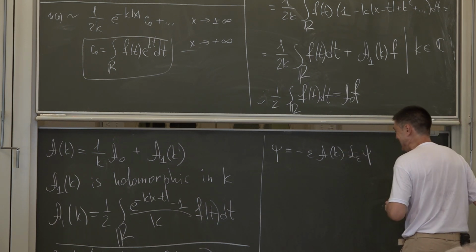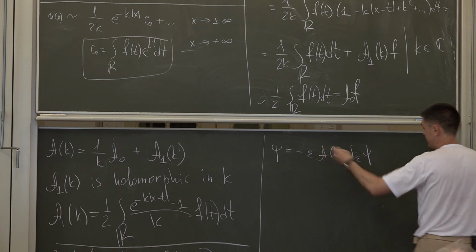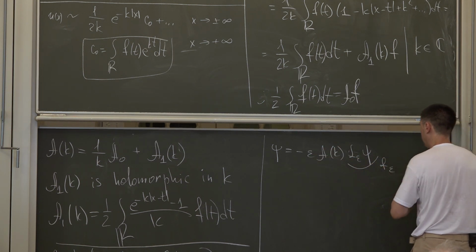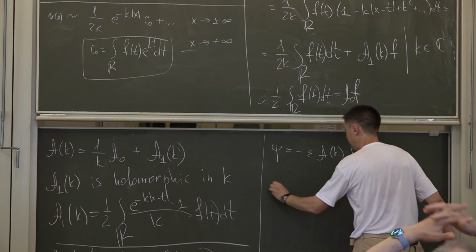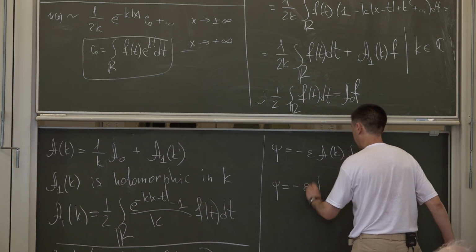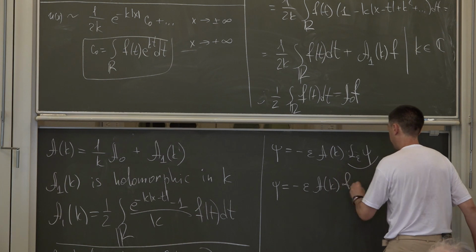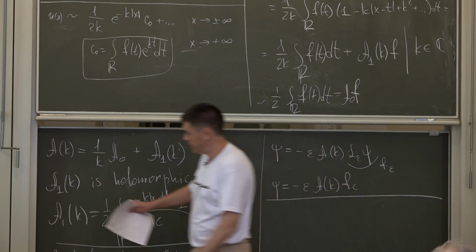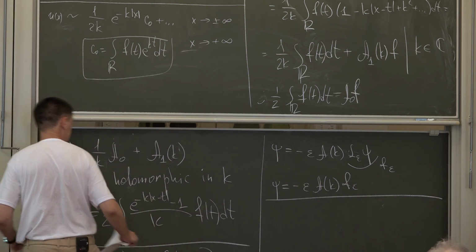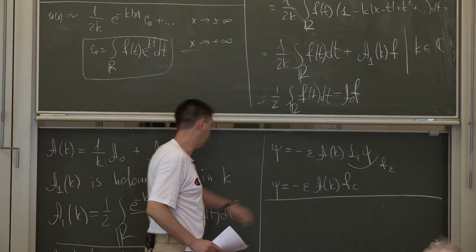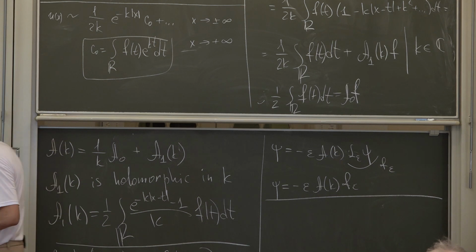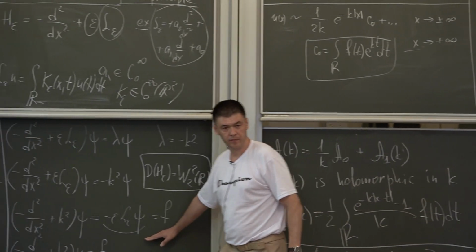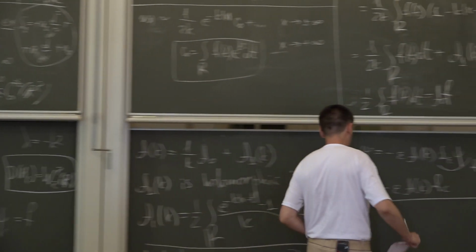And instead of writing the equation for psi, I just denote this one by f epsilon. And I say that psi is epsilon A of K f epsilon, and then I substitute this formula for psi once again into this equation.